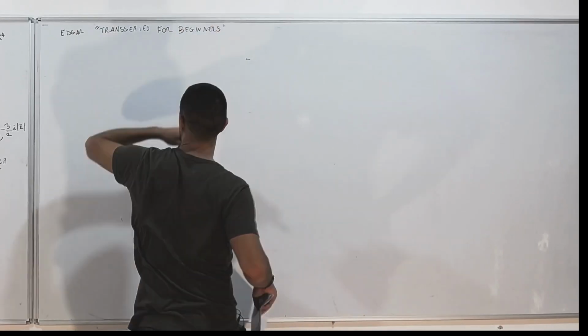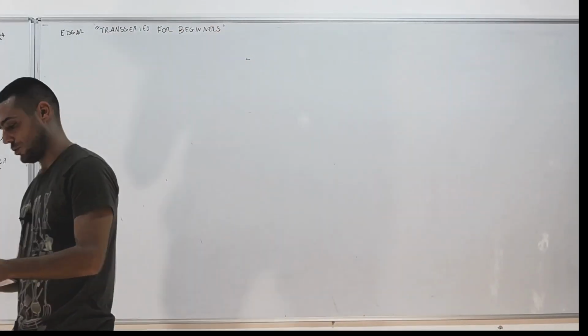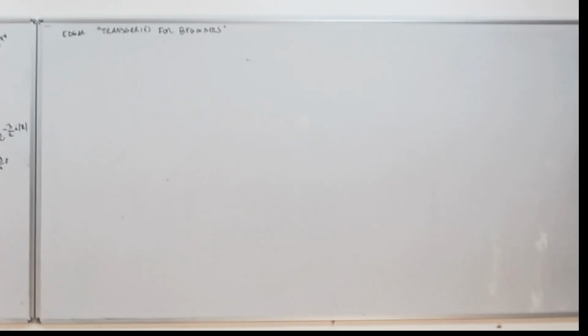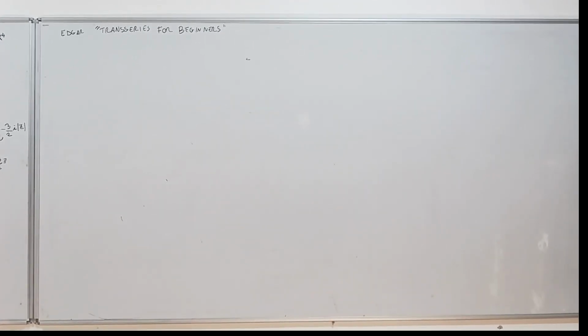It contains much more detail than what I'm going to show you right now, but we don't need many details about transseries. This is the kind of object you will always see in my lectures, something like a formal power series attached to some e to the minus z something.